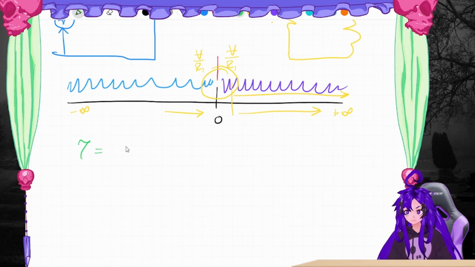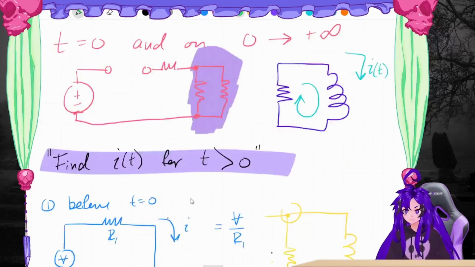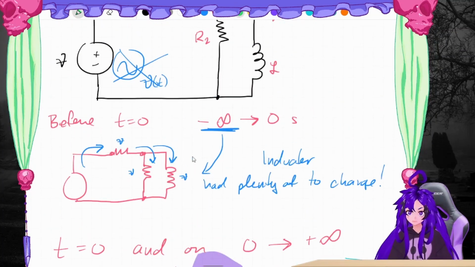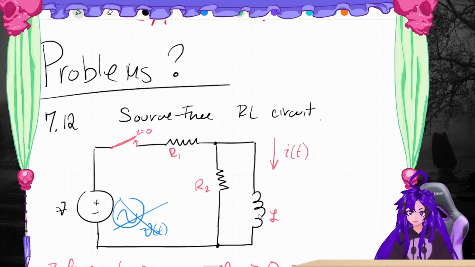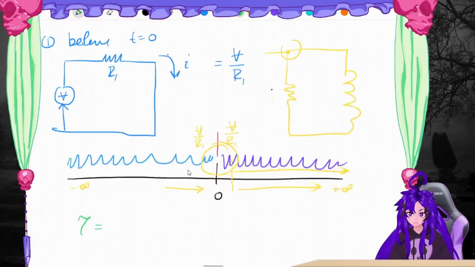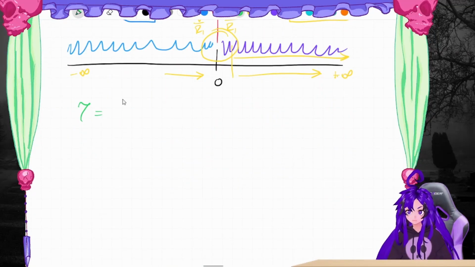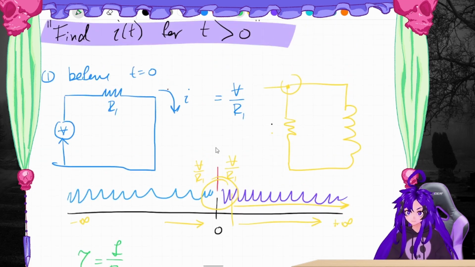So for an RL circuit, because this is resistor inductor, for an RL circuit, time constant is L over R. And that R is R2, because remember, this one is R2 in our inductor.